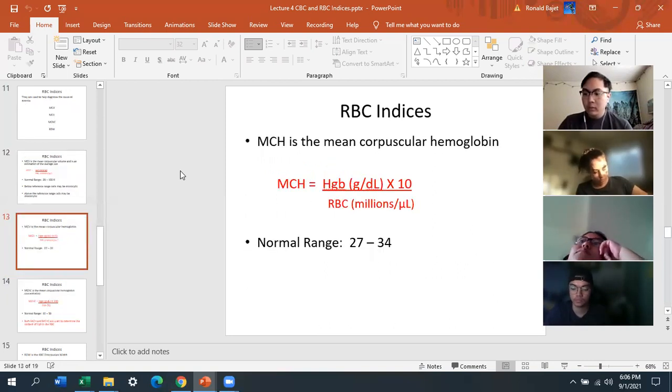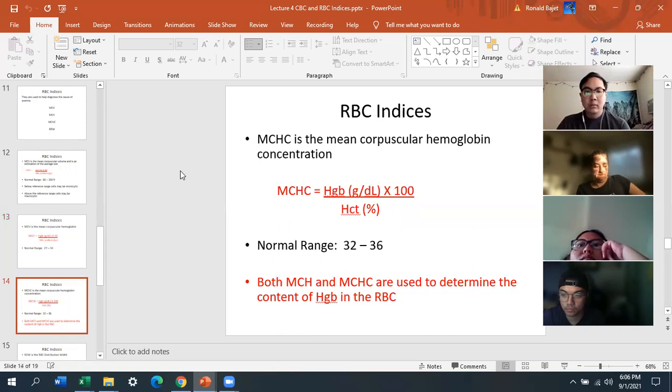MCH is the mean corpuscular hemoglobin. And the formula is hemoglobin times 10 divided by RBCs. The normal range is 27 to 34. MCHC, remember, it has to be 32 to 36. Anything outside this range is not normal. Okay, so make sure you train your eyes. That'll be one of the first things that you see.